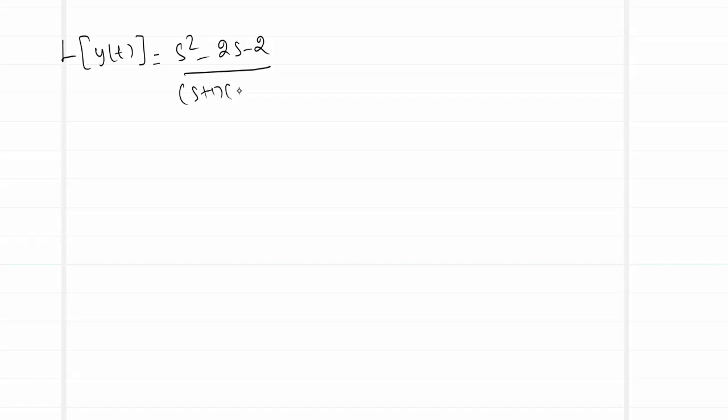So in which case I have Laplace of y of t equal to the expression s square minus 2s minus 2 divided by s plus 1, s minus 1, s minus 2, which is a times of s plus 1 plus b times of s minus 1 plus c times of s minus 2.